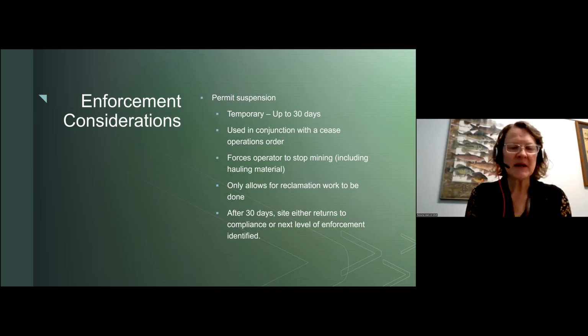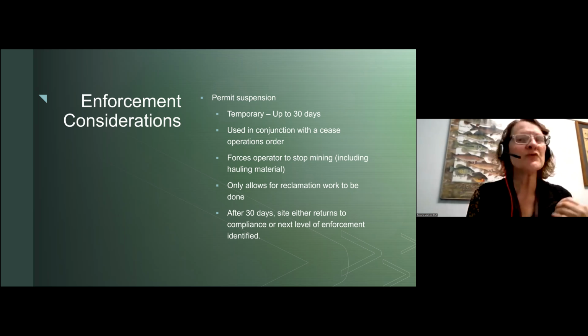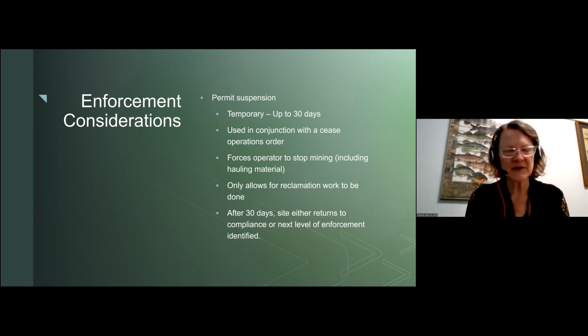After 30 days has elapsed, then the RA, the regulatory authority, you're kind of at a decision point. Either you need to be able to say after 30 days that this operator has returned back to compliance, or you're going to move to the next level of enforcement, which may be another extension on suspension.